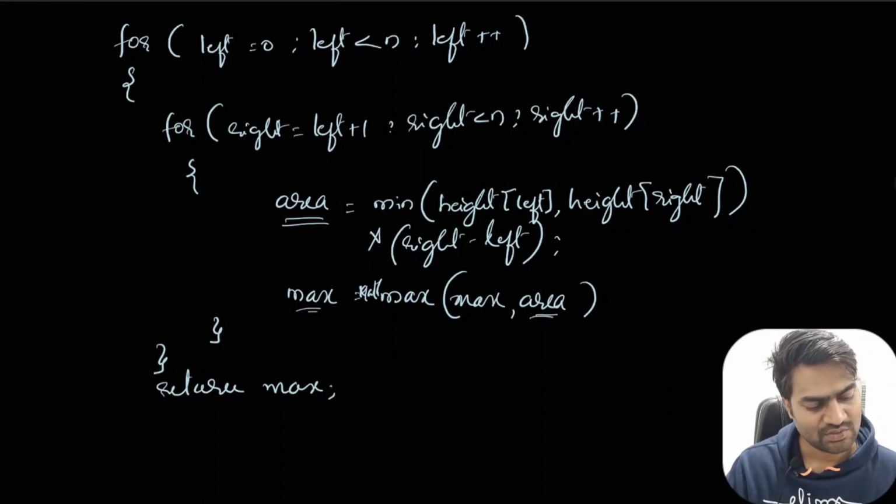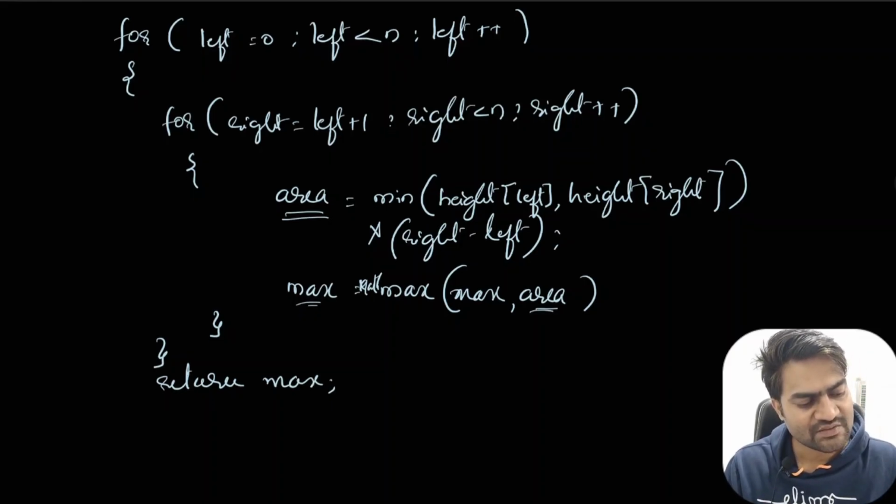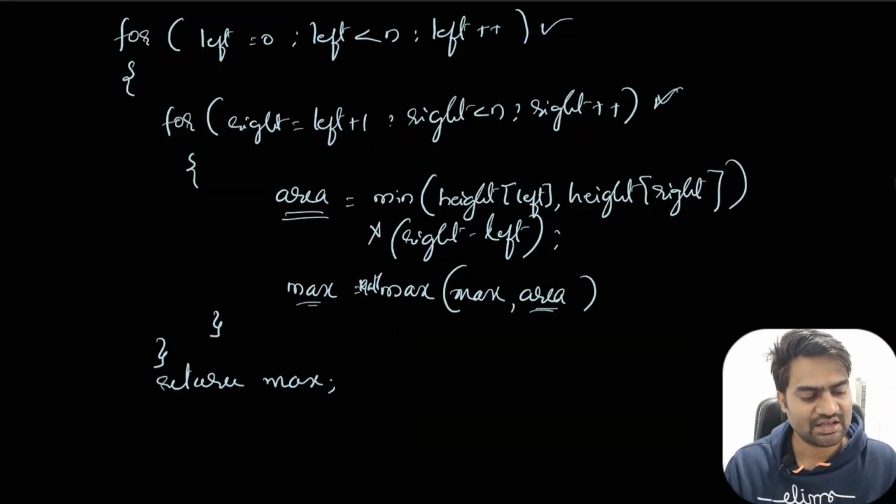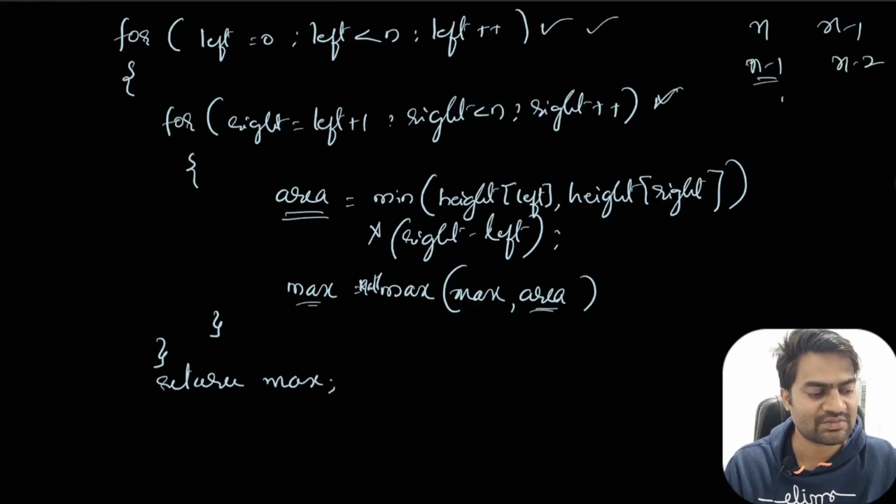Now if you see, for each value, it almost iterates for n times. So it is not n times, basically one value lesser than the previous value. If initially this iterates for n times, this iterates for n minus 1 times, then the next iterates for n minus 2 and something like that.